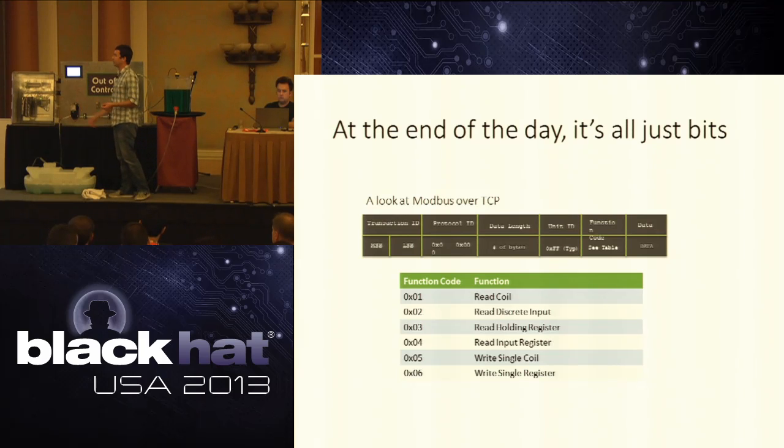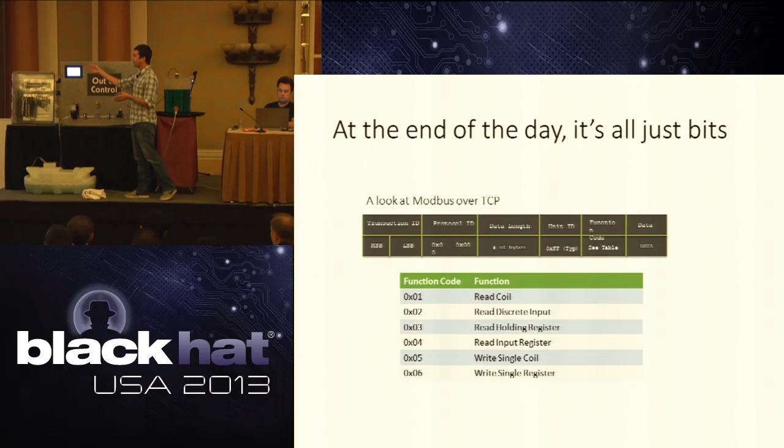These function codes, such as function code 1, are read coil. Well, what's a coil? A coil is a digital output, just a 1 or a 0, something that drives something in the field. And we can also read a discrete input, so a 1 or a 0, as far as a proximity sensor, to say whether or not this is open or closed.